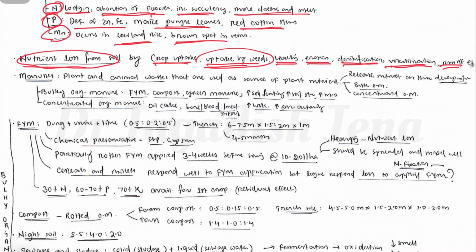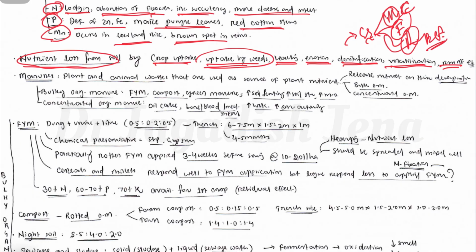To fulfill that nutrient depletion or deficiency, we are adding external sources of nutrients like manure, which is organic matter, then compost, then inorganic fertilizer, then plant residue, and then biofertilizer.